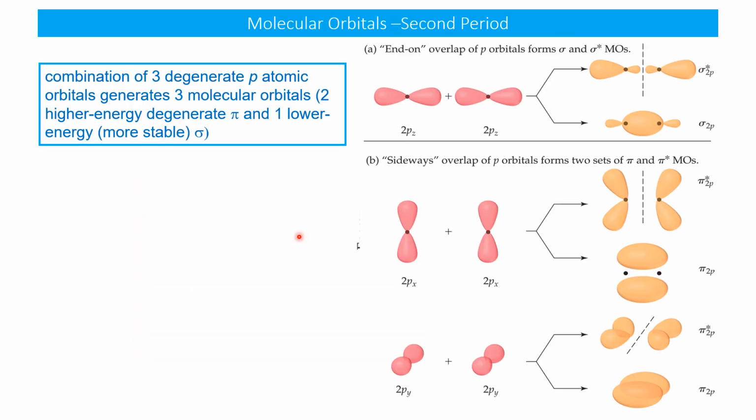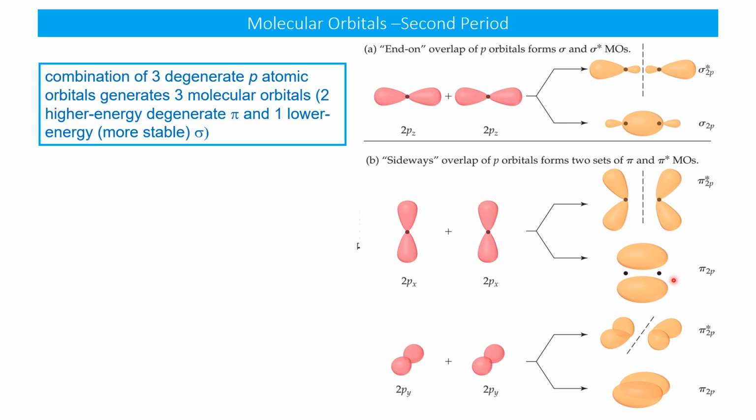Continuing the theme of the two elements in period 2 combining together, you can see that in the first case here, totally arbitrary, we have the pz orbitals overlapping across an axis to give us a bonding sigma 2p and then anti-bonding sigma star 2p. On the other hand, you can see that the remaining set of 2p orbitals will combine across a plane to give you this planar overlap, which we call pi overlap.